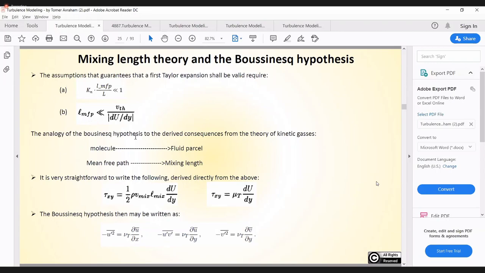And the same for the gradient: the ratio between the terminal velocity and the gradient should be very, very much larger than the mean free path. If this happens, you can use the analogy of molecule and parcel. Mean free path is a mixing length. You do the same exact thing, and here you see the Boussinesq hypothesis.